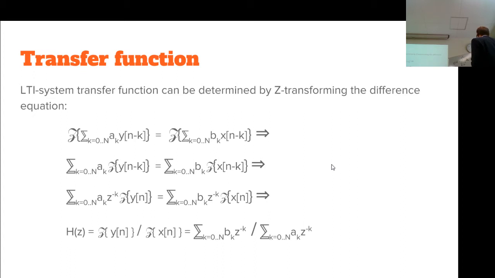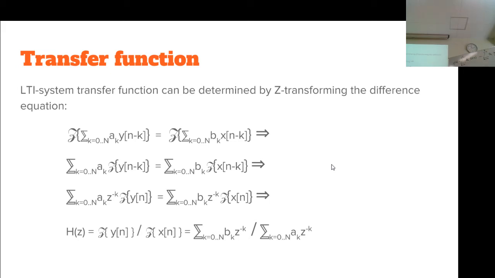It came from the fact that this is originally here: sum for k from 0 to M, a_k times y, not Z yet, this is still time domain. So this is the feedback of the signal. And the other is the forward going system.